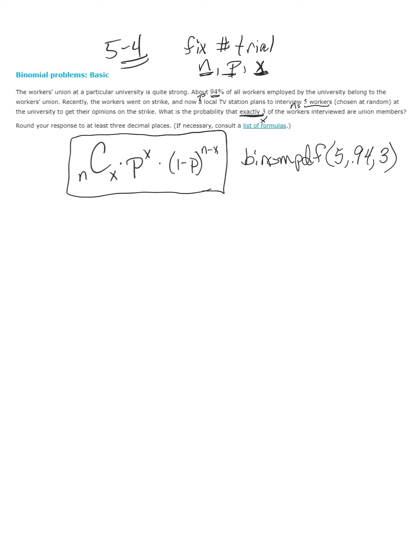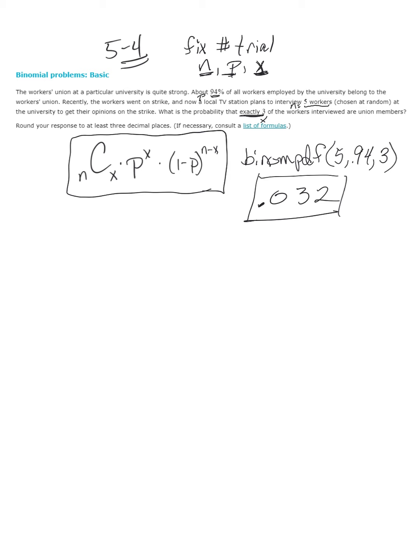So I'm going to do that real quick. Type that in, 5, comma, 0.94, comma, 3, and I'm coming up with 0.032 rounded to 3 decimal places, yeah, 0.032.